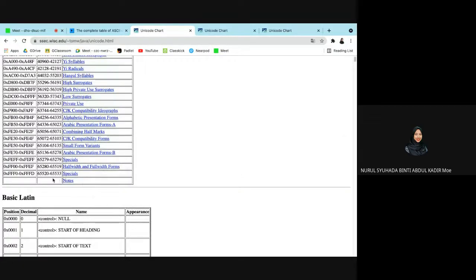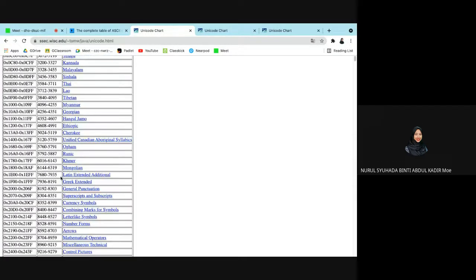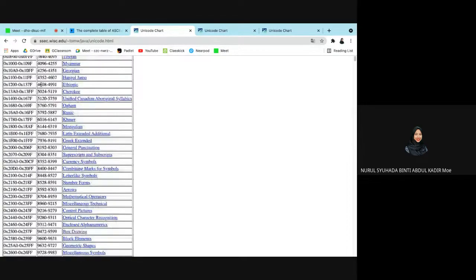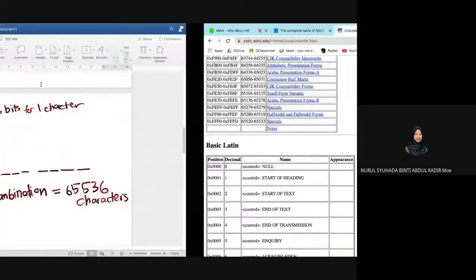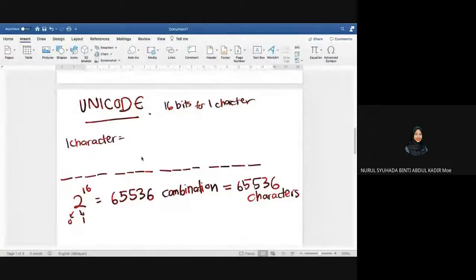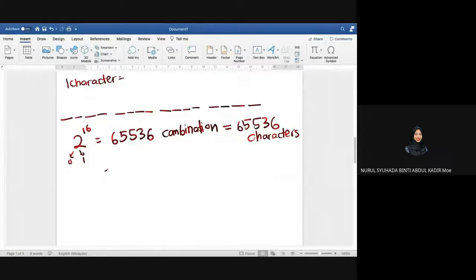There are actually some characters that are not placed, 65533 to 65535, because we start with 0 here. So 65535. Okay, so if you can see now, if they ask how many bits Unicode uses? 16. Okay, thank you very much. Yes, Unicode uses 16 bits.